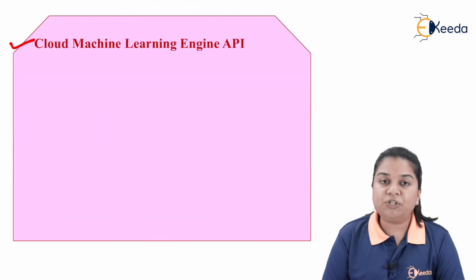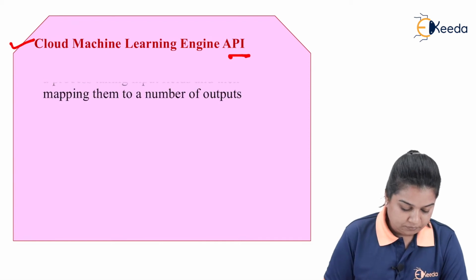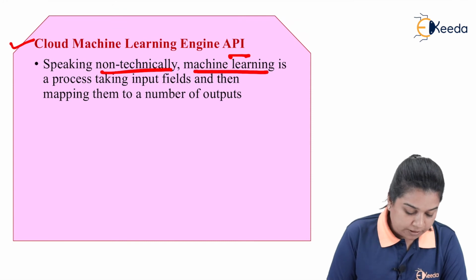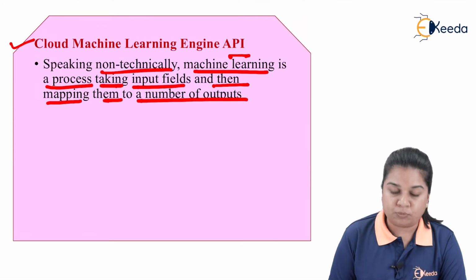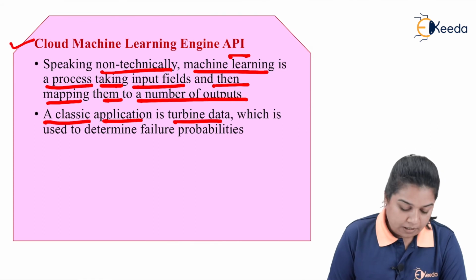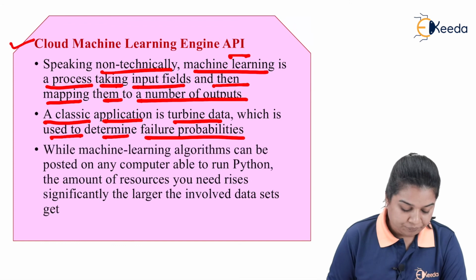Then comes Cloud Machine Learning API. Speaking non-technically, machine learning is a process taking input fields and then mapping them to a number of outputs. A classic application is turbine data, which is used to determine failure probabilities.